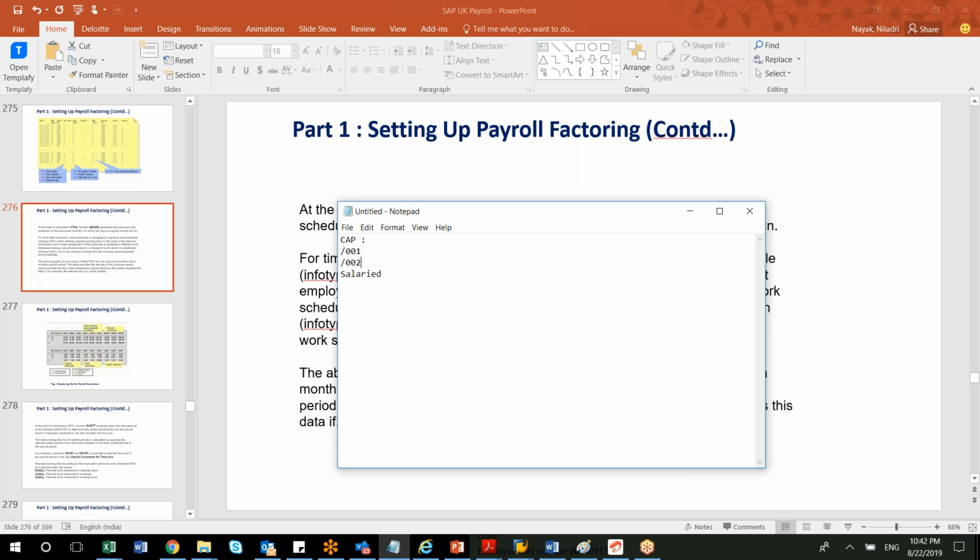No, it's not like that. It will depend upon a lot of factors: how you have defined those valuations, how you have configured those specific wage types, and how you have defined the processing. It will vary from case to case. We do not have one standard rule for everything.